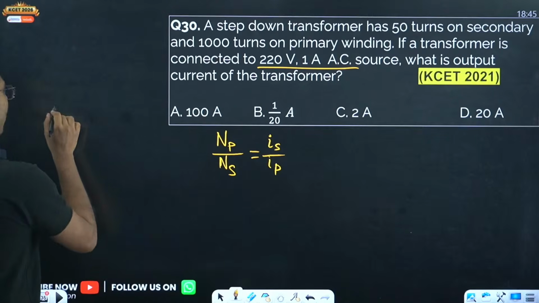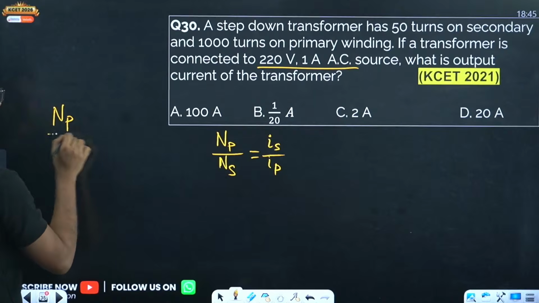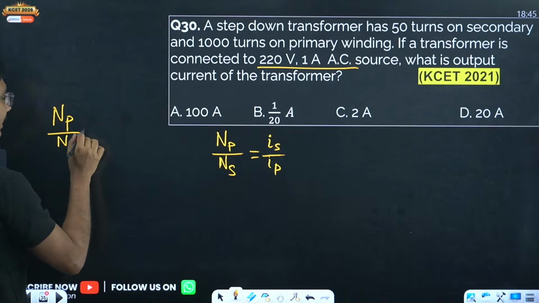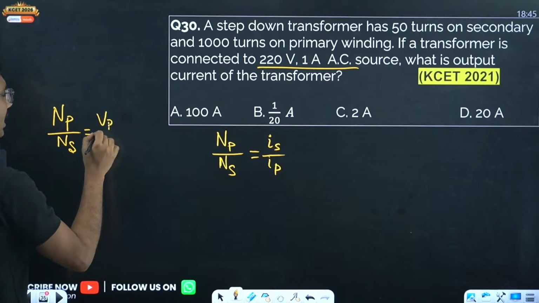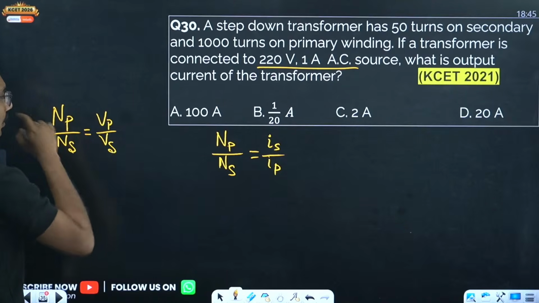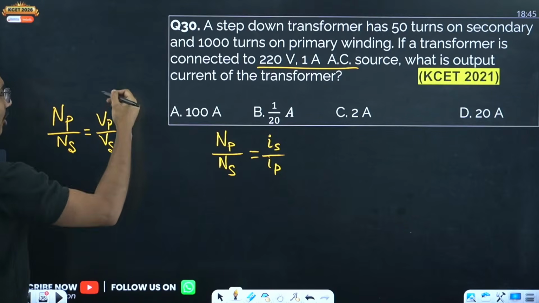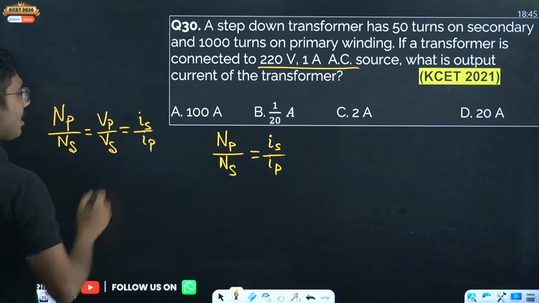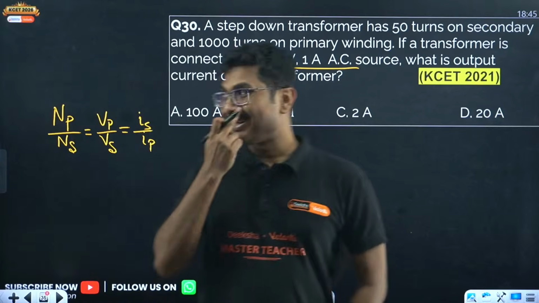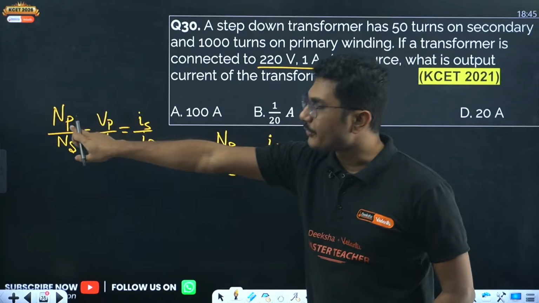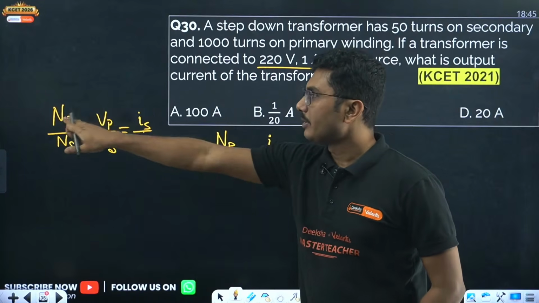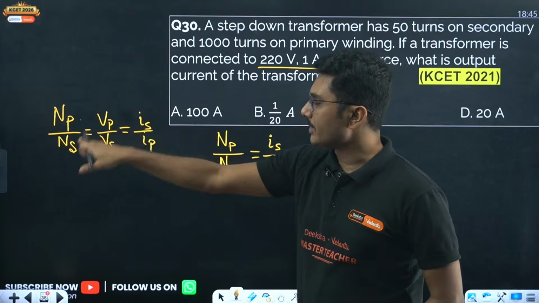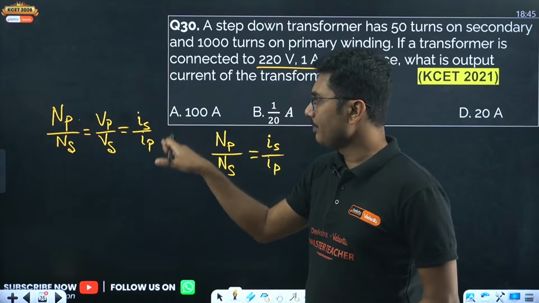In terms of voltage, remember this very clearly: number of turns in primary divided by number of turns in secondary equals voltage of primary by voltage of secondary. For current, it is opposite, it is Is by Ip. Voltage is primary, secondary; for current it is inverted, secondary, primary.